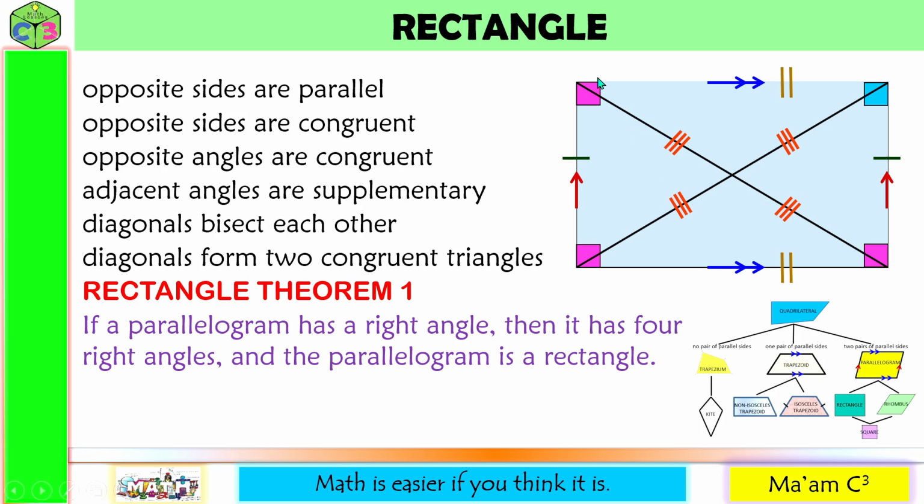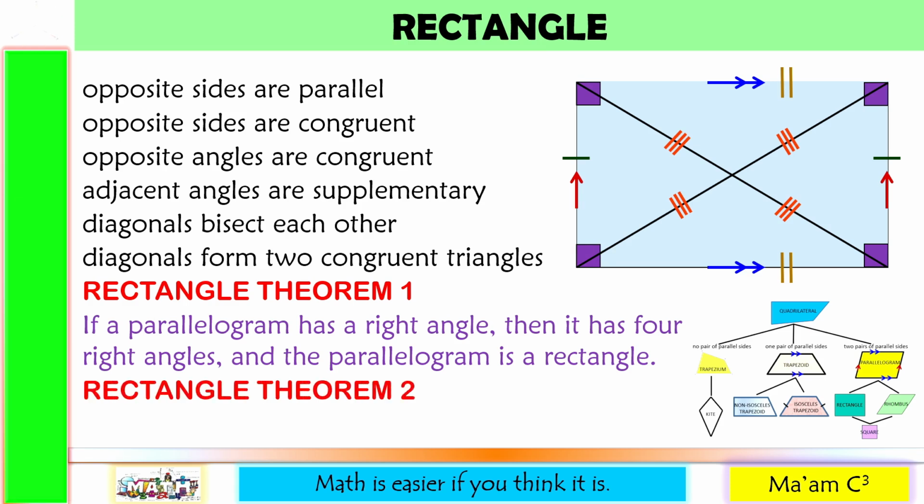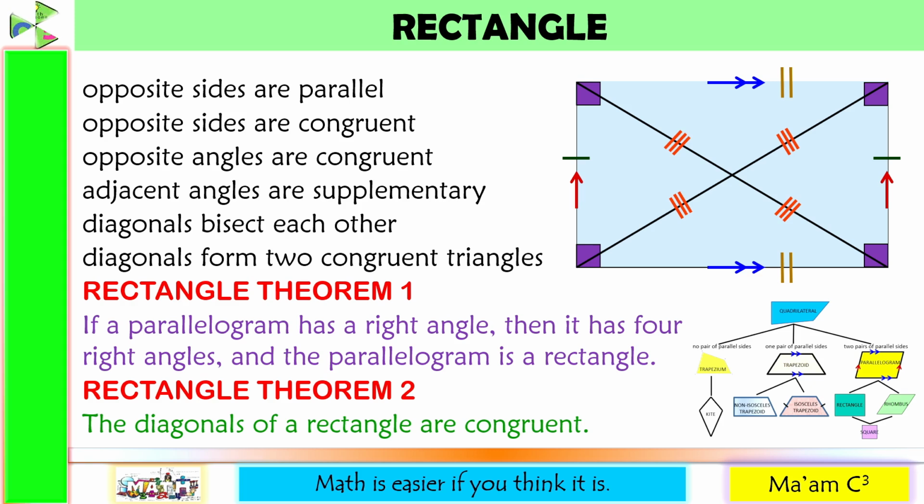So if a parallelogram has one right angle, it follows that it has four right angles. Then the parallelogram is a rectangle. Another rectangle theorem that we are going to prove later is that the diagonals of a rectangle are congruent. So these two diagonals here are congruent.